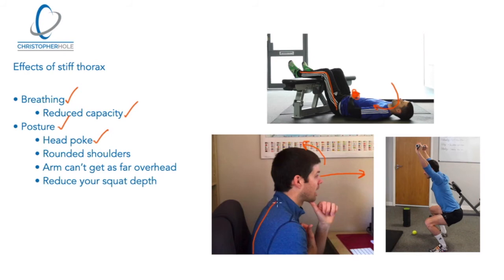As I lift my head up, that's going to create excessive curvature in my neck or in my cervical spine, which is going to give me hyperlordosis of my cervical spine. What will then happen is the chin will tend to poke out as well. So not only am I interfering with my breathing capacity, I'm also interfering with how the neck muscles work, how the deep neck flexors work, and so on and so forth.